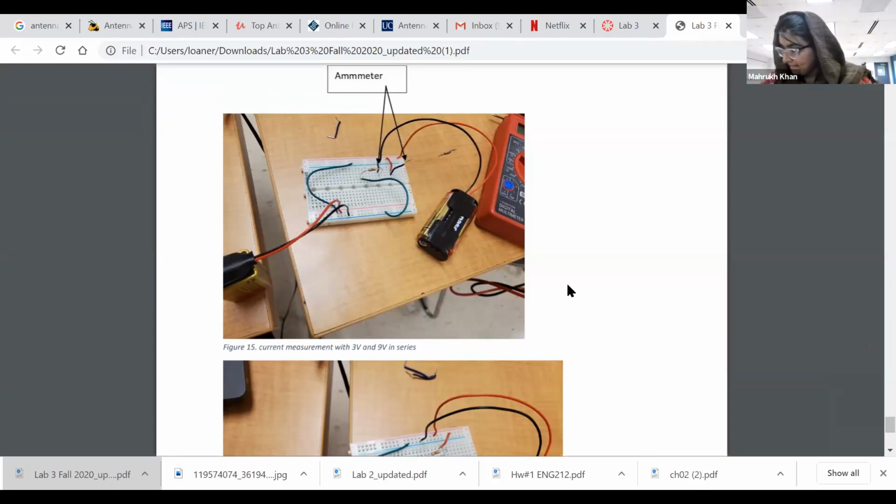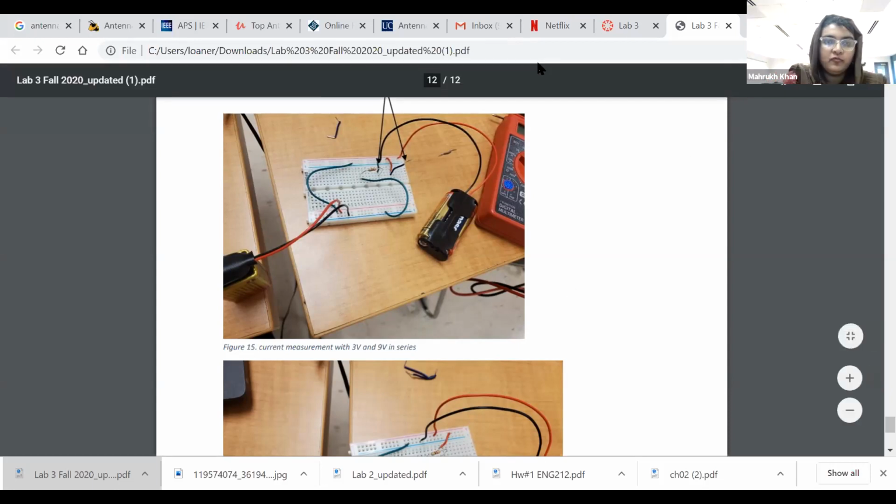So now let me connect my batteries. I need to turn it off, then on, and move it to the current setting, 20 amp.